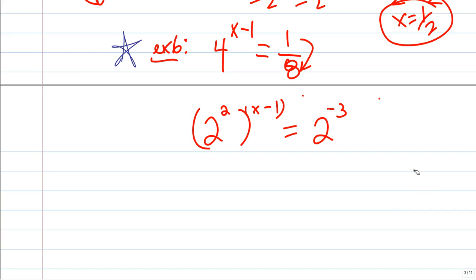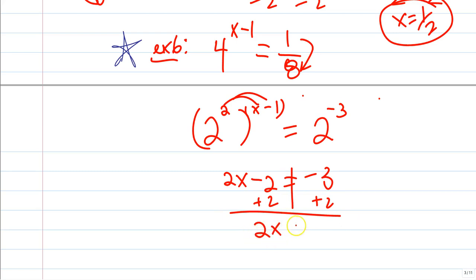Now that these bases are equal, I can set the exponents equal. 2x minus 2 is now equal to negative 3. Adding the 2, 2x equals negative 1, sorry, jumped ahead there. And then dividing by the 2, x is negative 1/2.